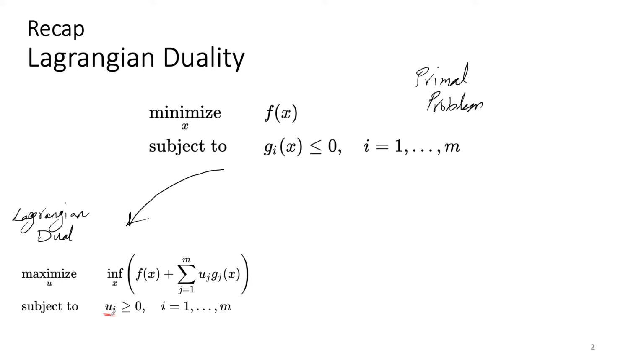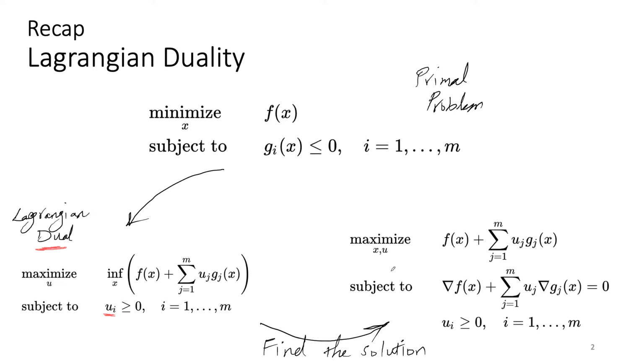So in order to solve this dual problem, we need to have the gradient of f of x plus the summation of all the j's from 1 to m, u j gradient of g j of x.